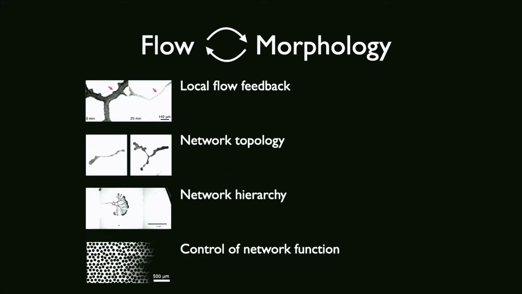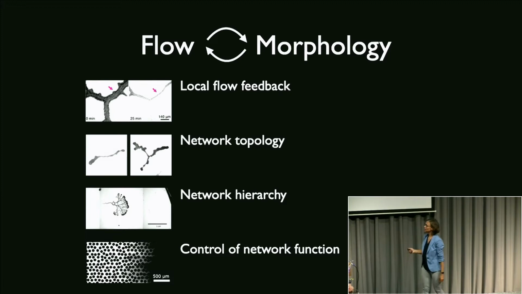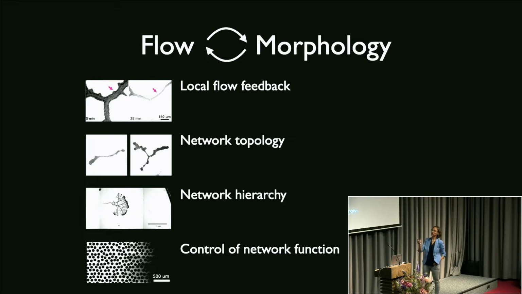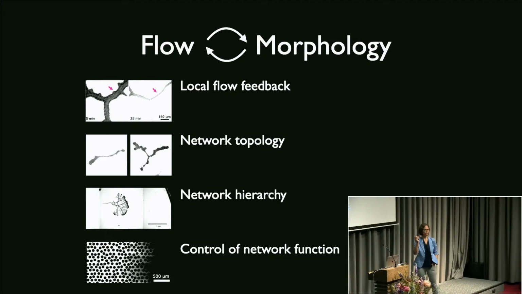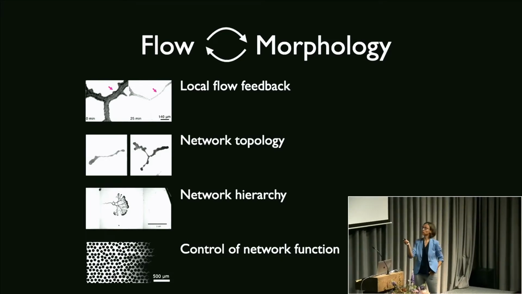And so I want to understand the feedback between flow and morphology. Here, this was a biologist, this is a physicist. We're going to look into one model system which has all the ingredients for me to understand what I'm coarse graining down here to flow and network state. In fact, I have a little bit of a guidebook of what I'm looking at, because I want to understand what is actually the local information that the tube is reading out from the flow.